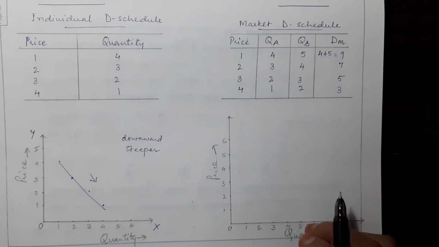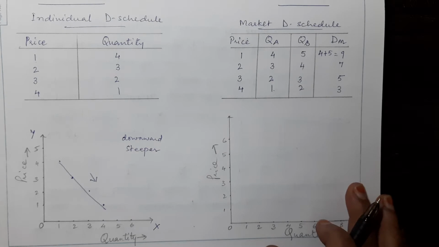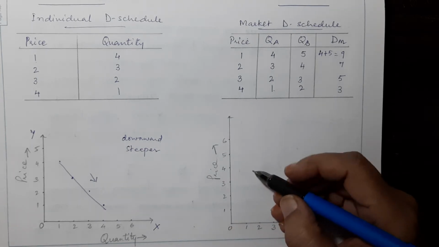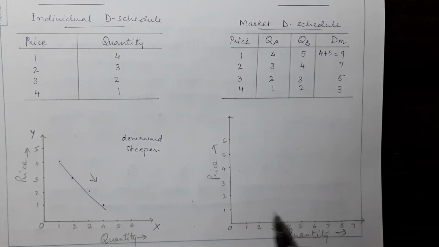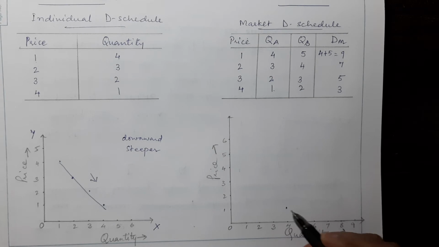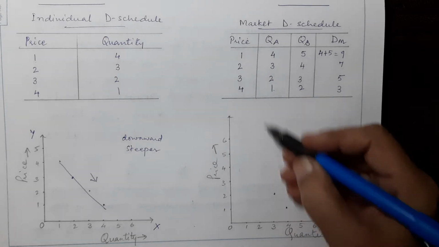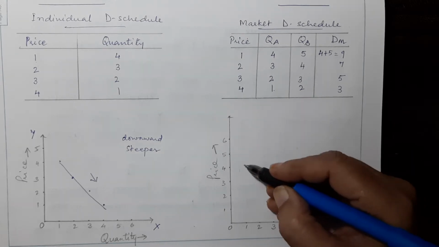Now if we try to plot these 3 graphs, we find consumer A's graph to be: for 1 rupee, there are 4 units. Then here we have 3 units for 2 rupees, 2 units for 3 rupees and 1 unit for 4 rupees.